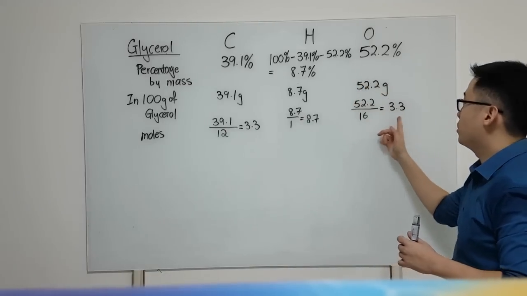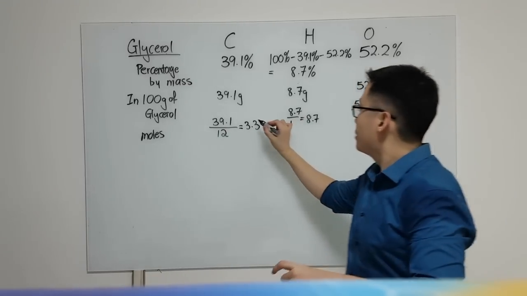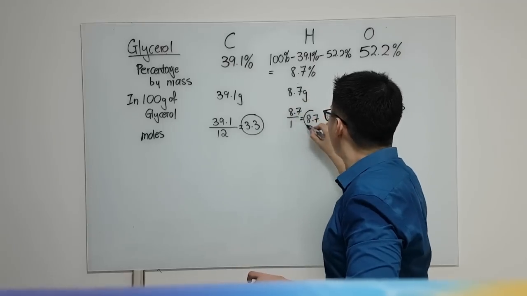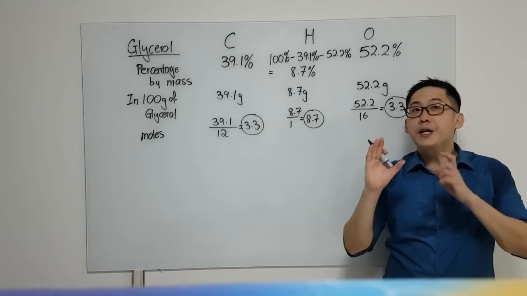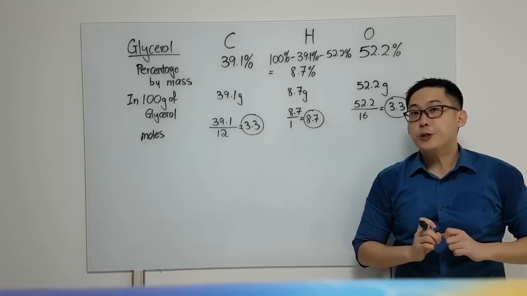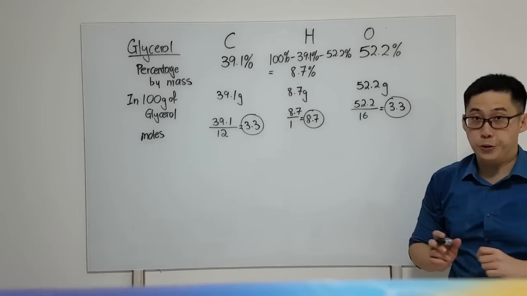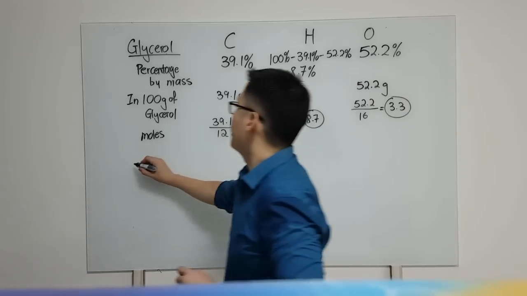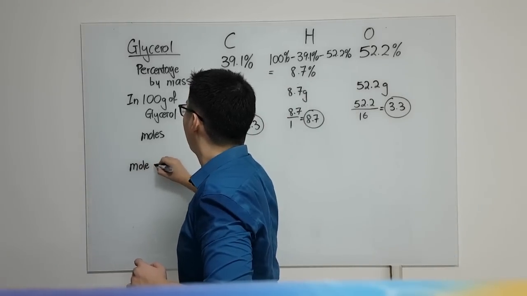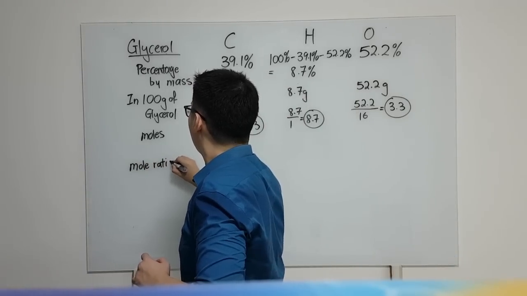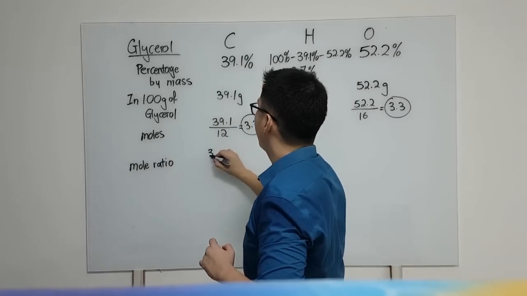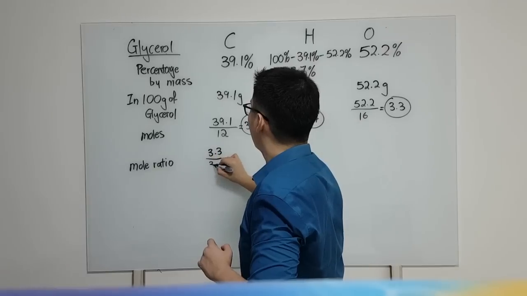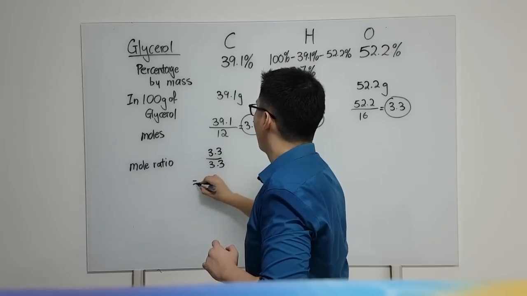In order for me to get the mole ratio, what I actually need to do is to divide these three numbers by the smallest of them all. So in this case, it would be 3.3. So to get the mole ratio, what I'll do is I'll take 3.3 divided by 3.3, and that will give me 1.